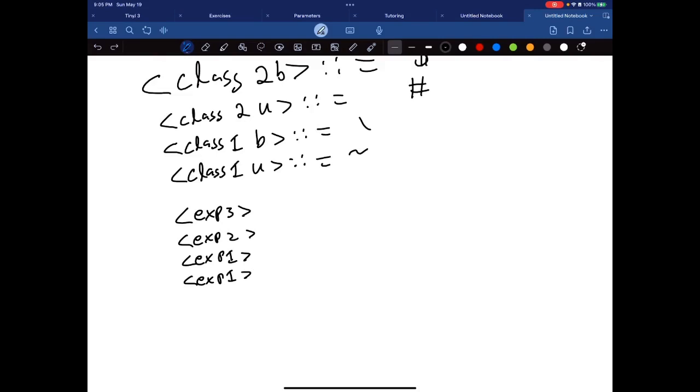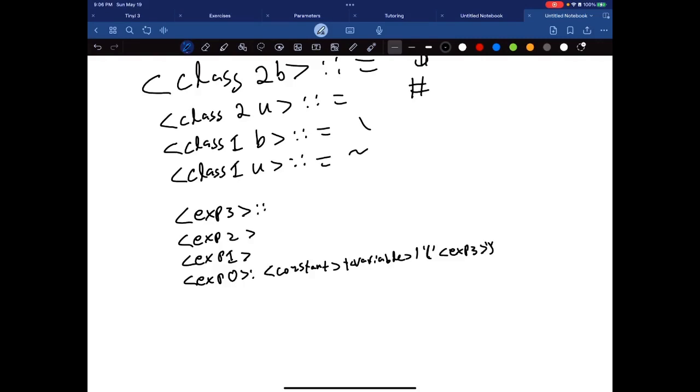Oh, sorry, this should be 0. Where 0 is going to contain constant, variable, or parentheses, expression 3. Right? So that's always going to be the layout for expression 0.